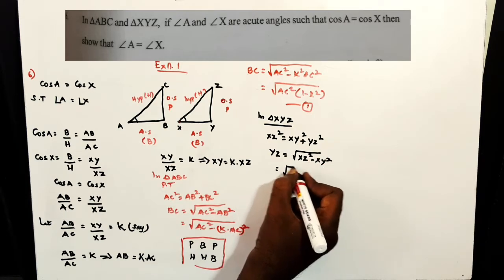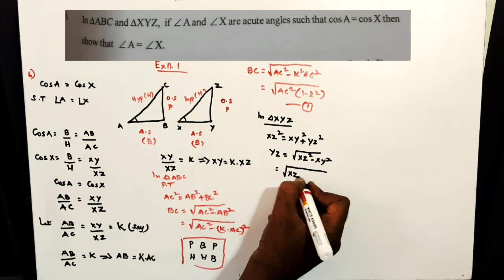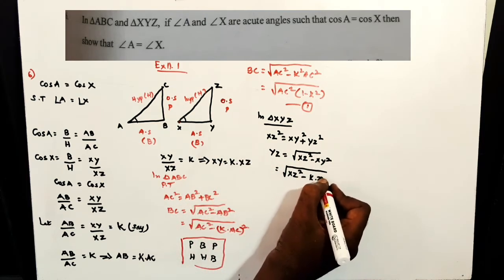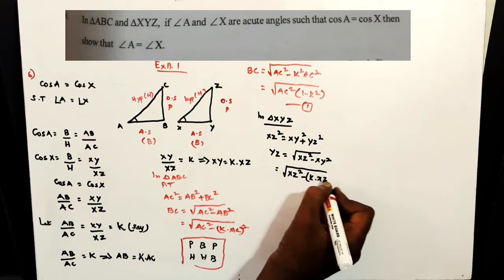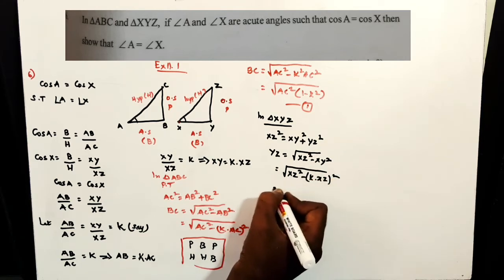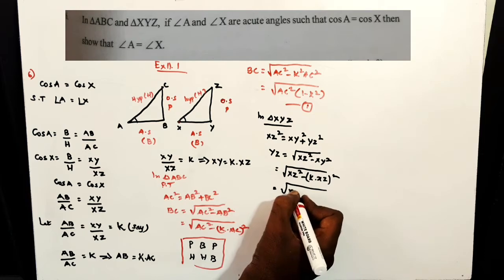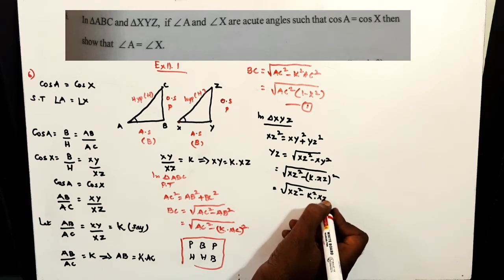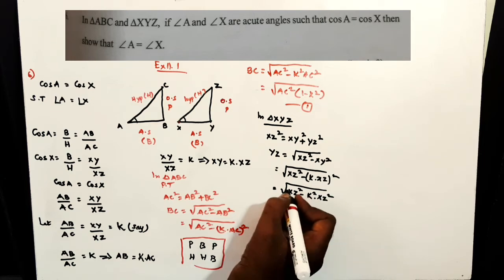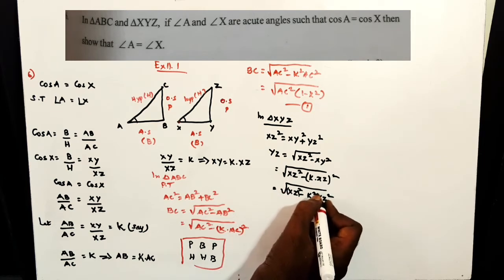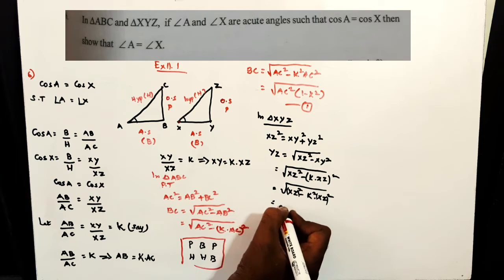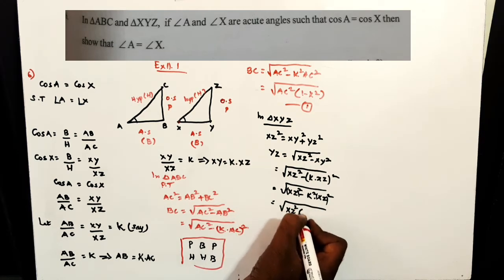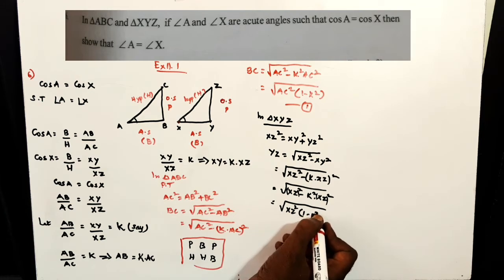Substituting, XY is k into XZ, so XZ square minus k square into XZ square. Common XZ square, 1 minus k square.